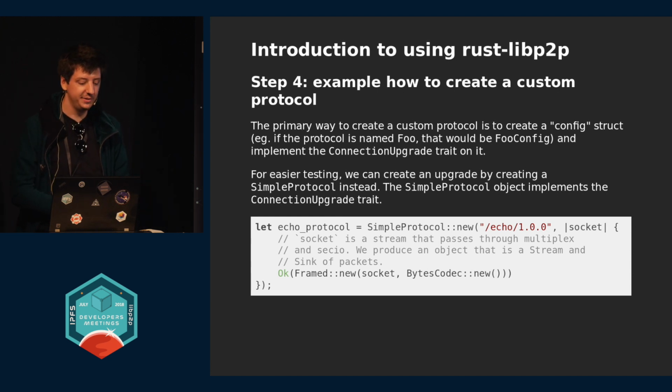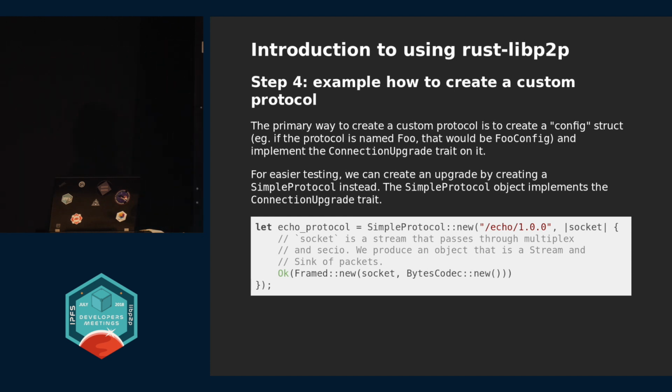You can use it exactly the same way. But if you want to quickly prototype, as in this example, because implementing the connection upgrade trait is quite long when it comes to code, if you want to do this in a simple way, you can just create a simple protocol which implements connection upgrade, and that's much shorter.